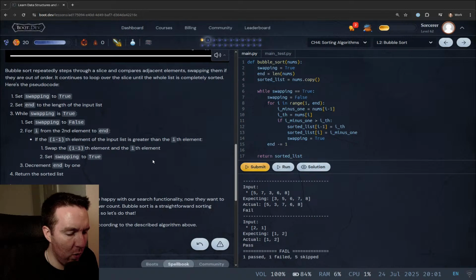So he only moves it once. That's the problem. Set swapping to true inside the if statement. And the end at that part.